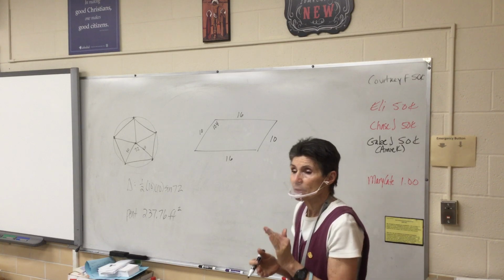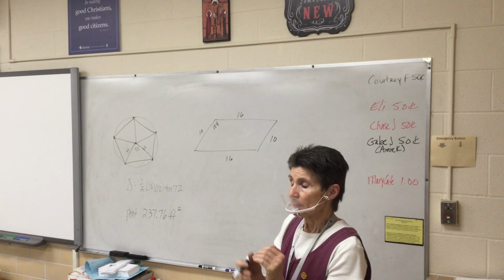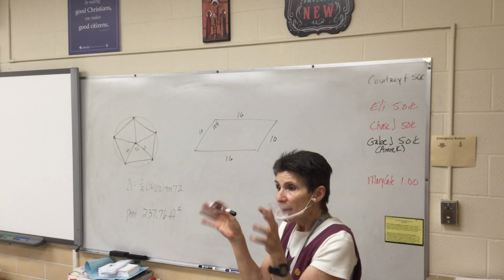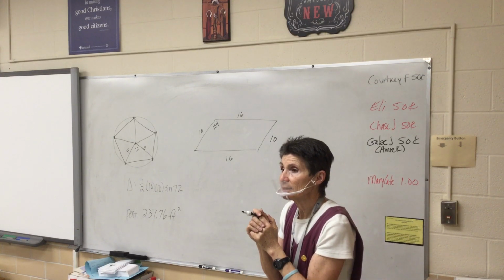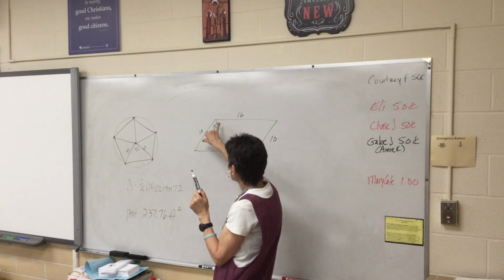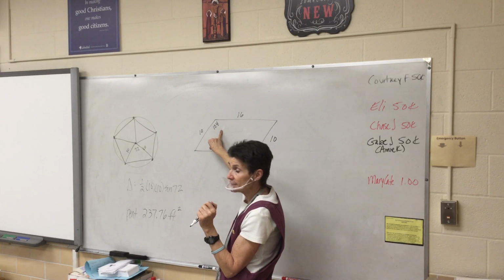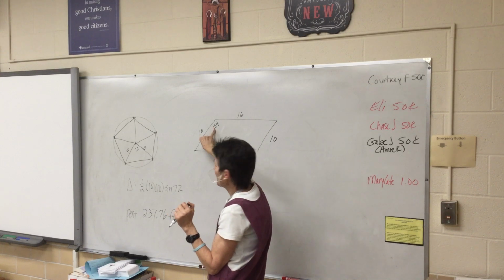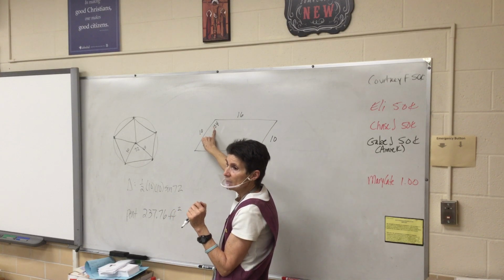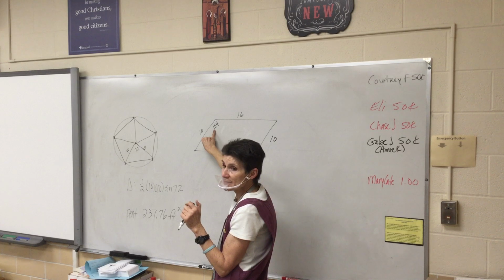Now, I don't know if I'm going to need it or not, but I just want you to get in the habit of writing it down right from the beginning. In any parallelogram, so rhombus, rectangle, square, any parallelogram, these 2 angles right here where my fingers are are supplementary. That means they add up to 180.